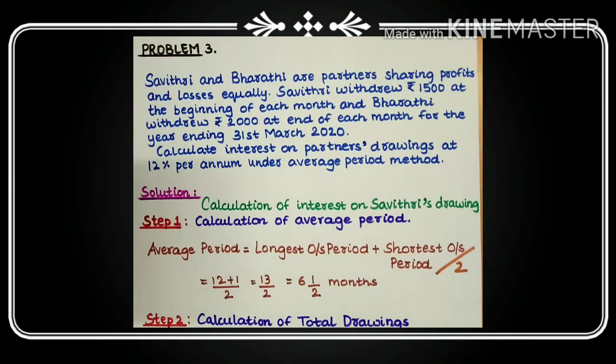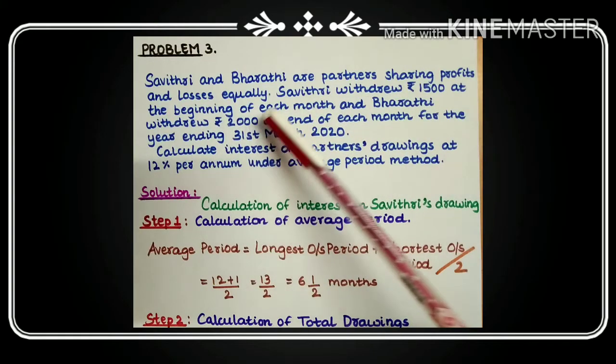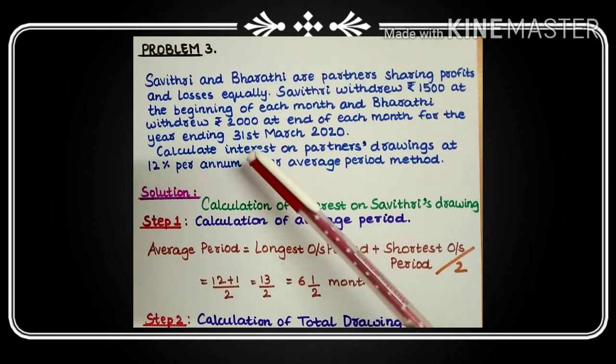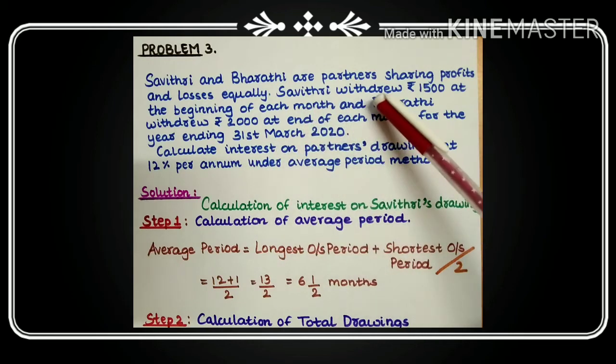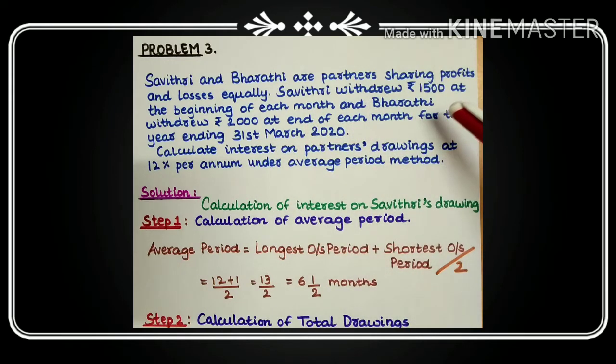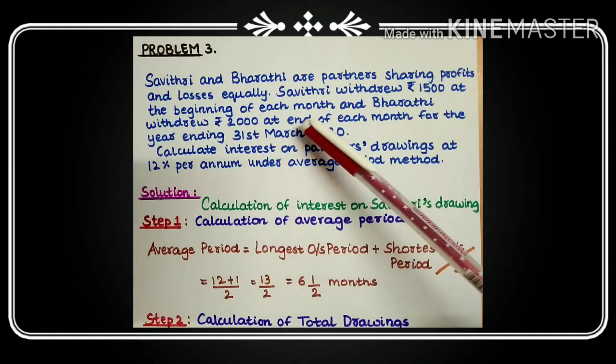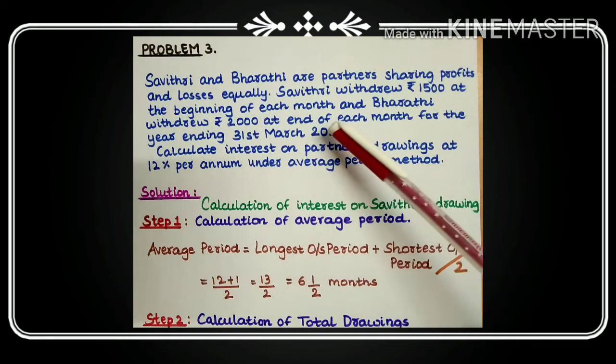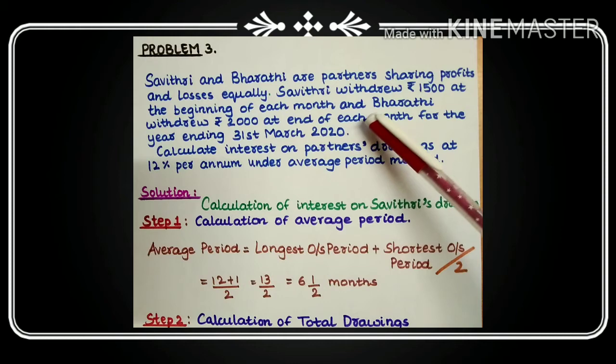Now let us understand problem 3. Savitri and Bharati are partners sharing profit and losses equally. Savitri withdrew rupees 1500 at the beginning of each month. Every month Savitri is taking how much? 1500.